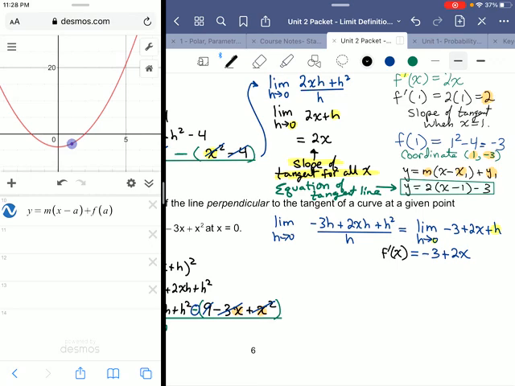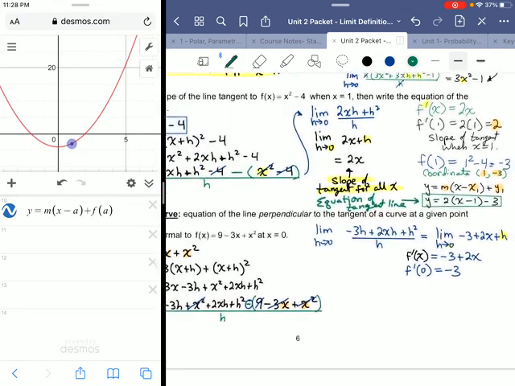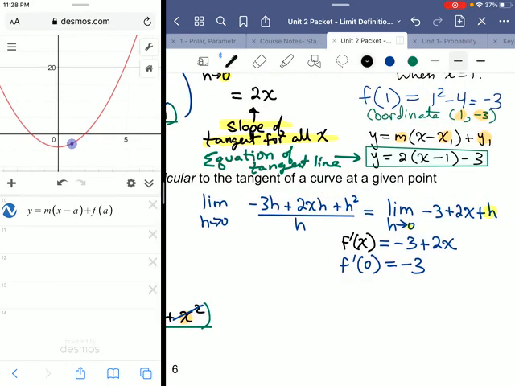Now they're asking us to determine the normal, which is the line that's perpendicular to the tangent line at x equals 0. So I'd find f prime of 0, which is going to be negative 3. Then, since I need a coordinate, I go back to my original function, f of x equals 9 minus 3x plus x squared.